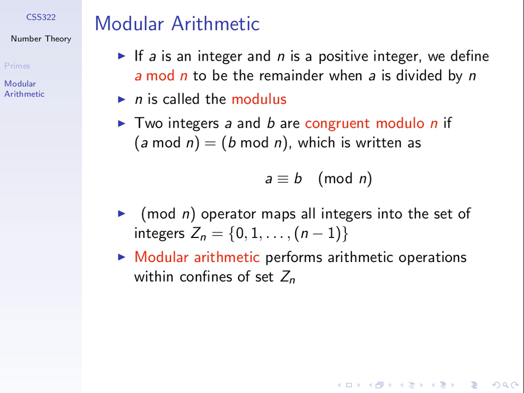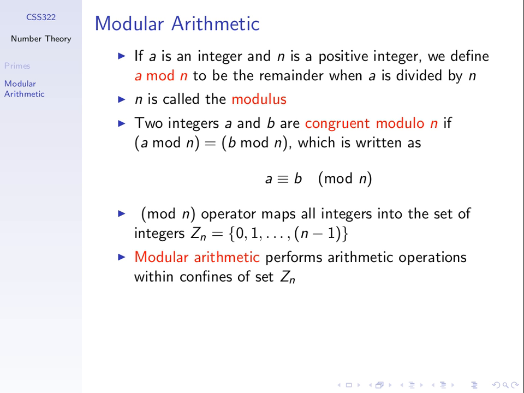Here n is called the modulus. Two integers, a and b, are congruent modulo n if a mod n is the same as b mod n, and we will write that as a is equivalent to b mod n.